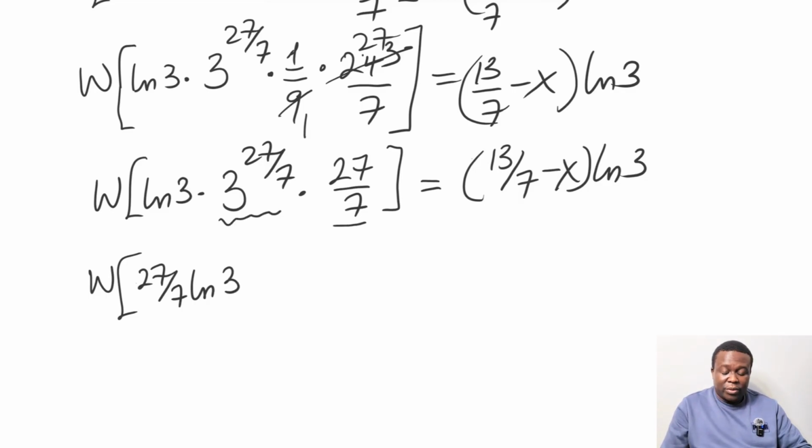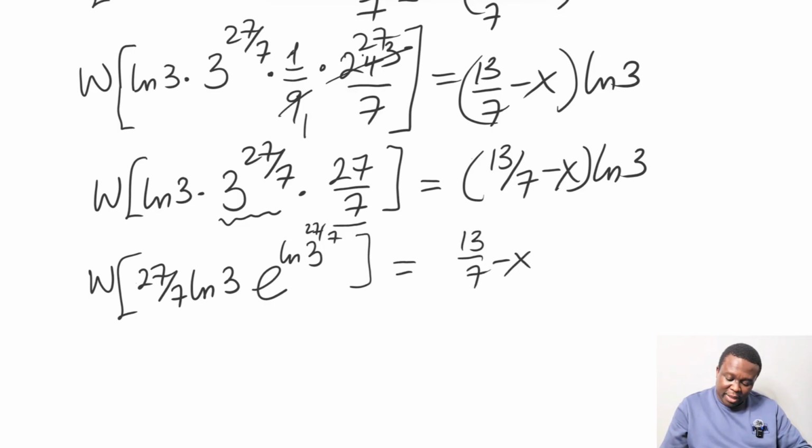And then 3 raised to the power 27 over 7, we can rewrite that by introducing our e raised to the power ln of x, because we're trying to write this left-hand side in the Lambert format. So we have e raised to the power ln of 3 raised to the power 27 over 7, and this is equal to 13 over 7 minus x, ln of 3.